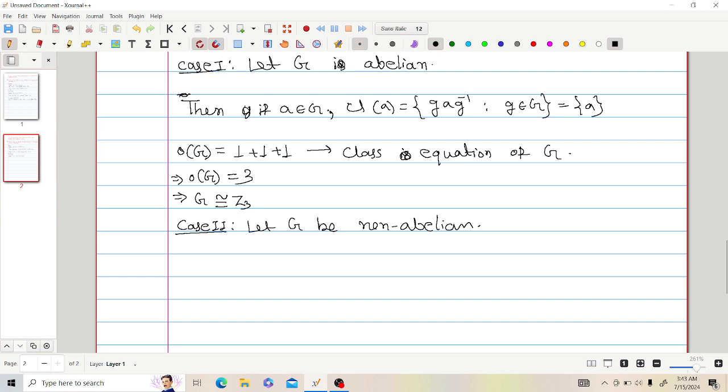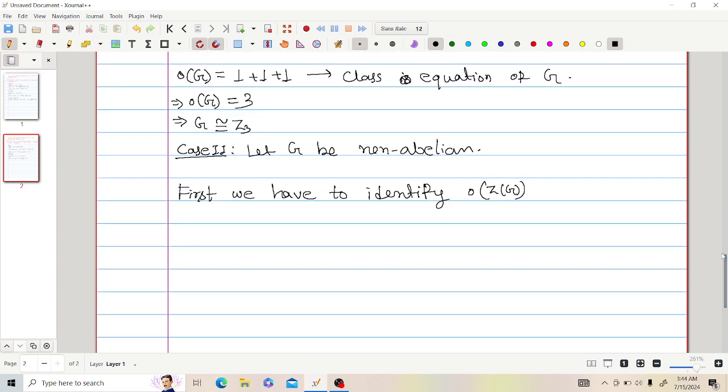Then we first have to identify the order of Z(G), because in the class equation the order of Z(G) plays a very important role.